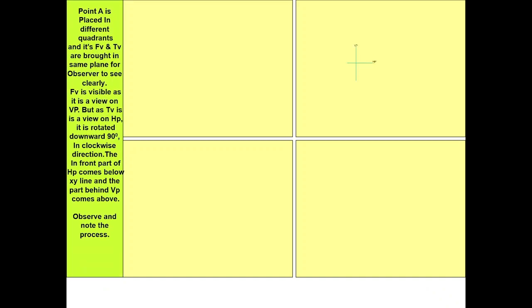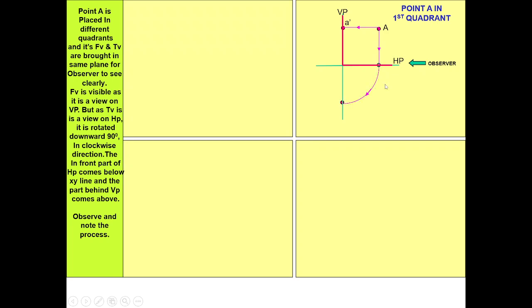Next, when we place a point A in different quadrants, its front view is brought onto the same plane where the observer can see it clearly. You can see here, this is the point A, the observer is here, its projection is A dash, which is used for the front view, and A is for the top view. Once we take the projection, we rotate HP, so you get A dash and A on the vertical plane.